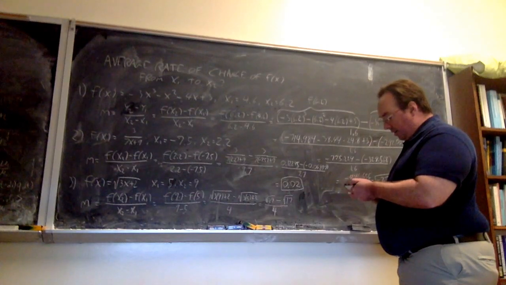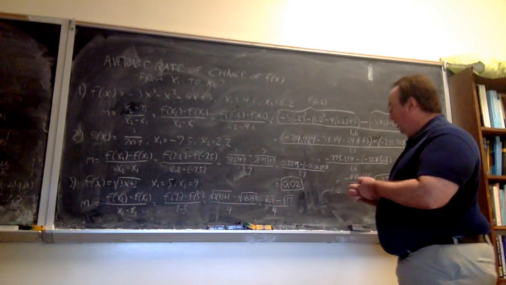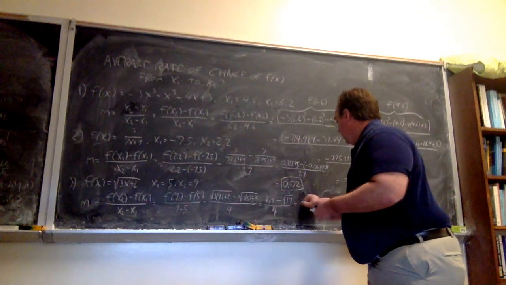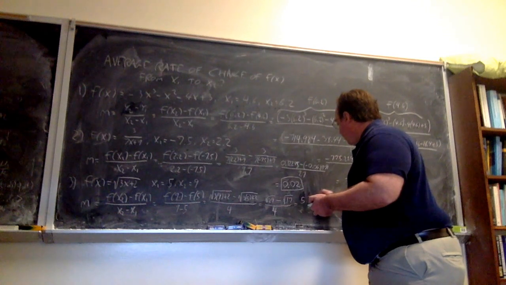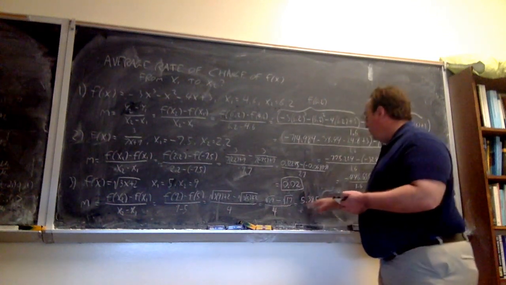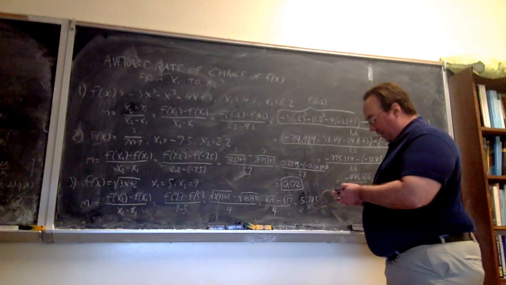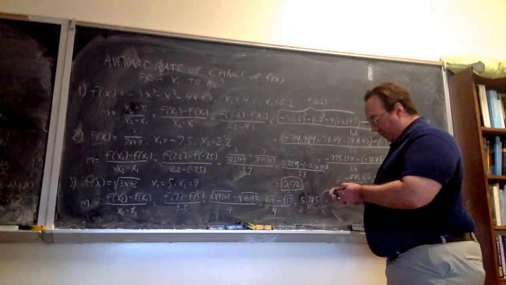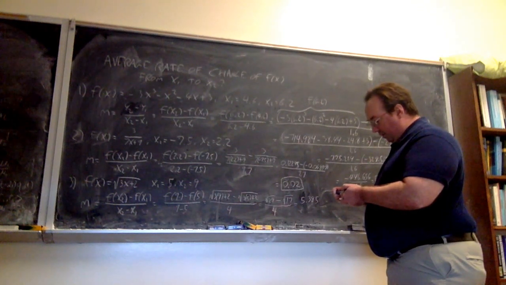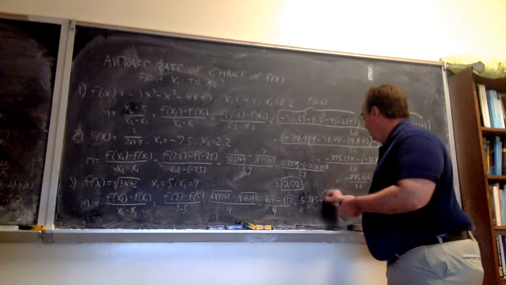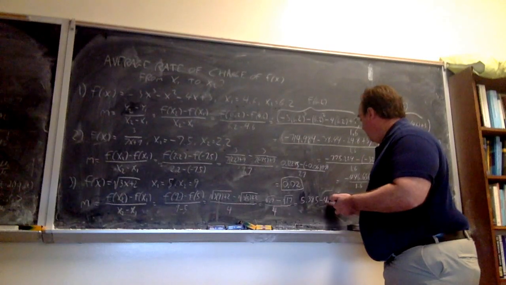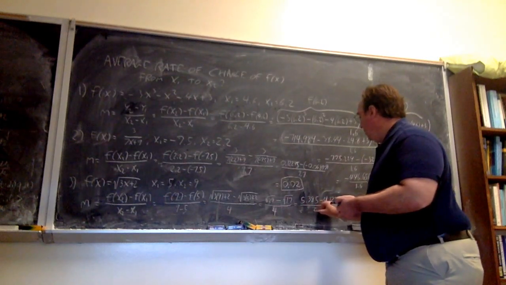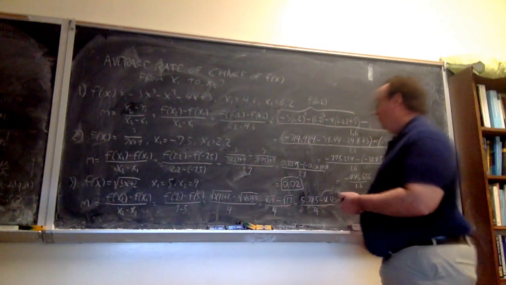So square root of 29 is 5 point, use 3 decimal places here, because we need to get an answer to the nearest hundredth. 5.385, and then we have square root of 17, so that would be 4.123. All divided by 4.